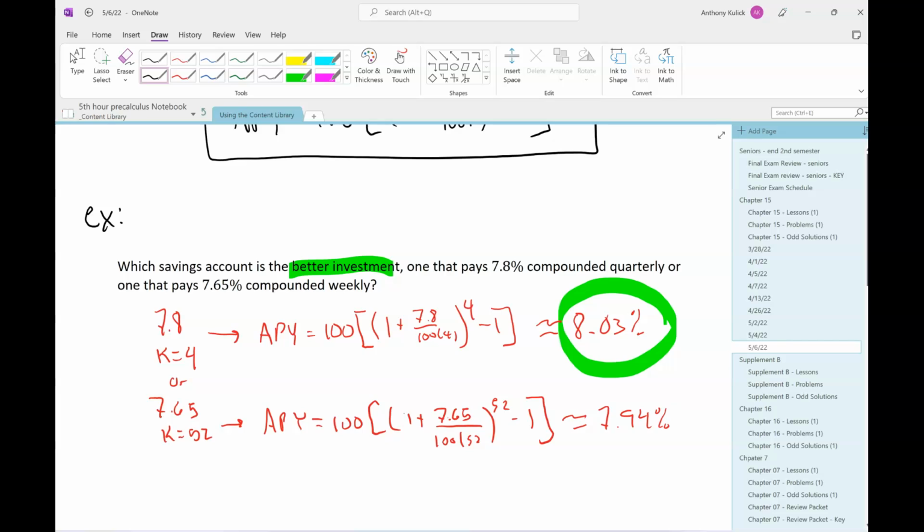Again, no big deal. Understanding what you're doing there, though, is helpful, in that all you're doing is really converting this to the equivalent annual interest rate. And once you have them on the same compounding period like that, it's trivial comparing them. The bigger one is better. Okay, easy enough.